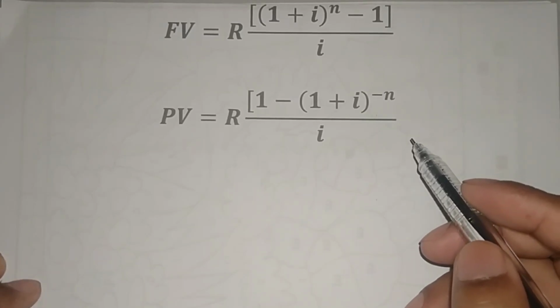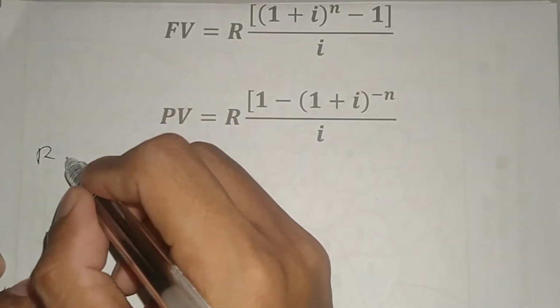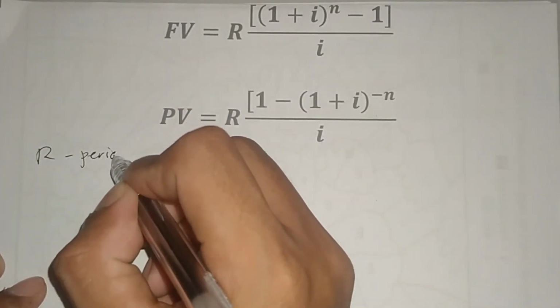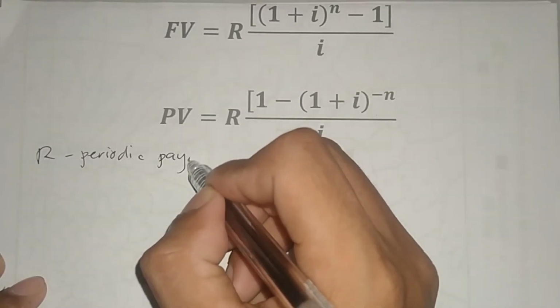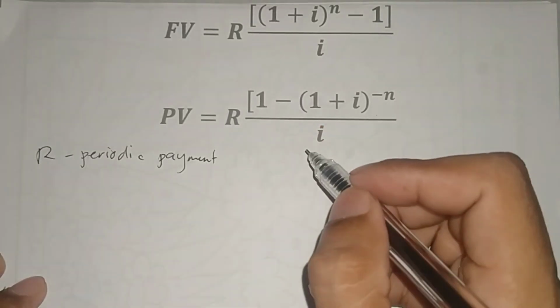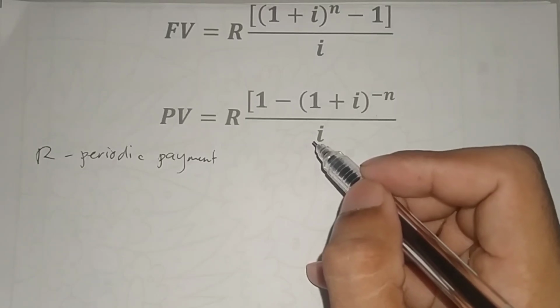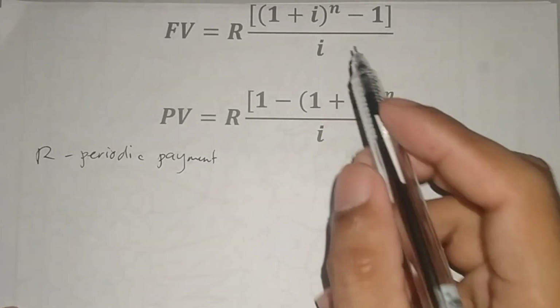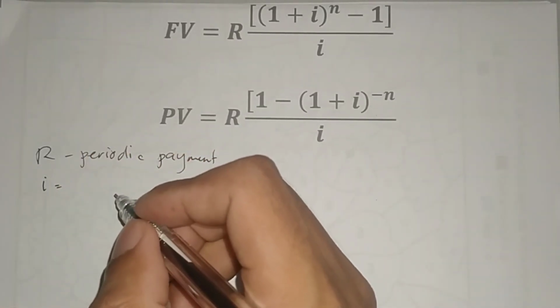Okay, if you ask what is R, so yung R natin is the periodic payment. So ito yung binabayad natin, or hinuhulog natin. Ito yung fixed amount. While we also have the I. So I is the interest rate per period.